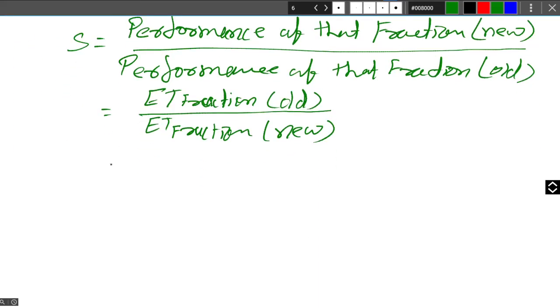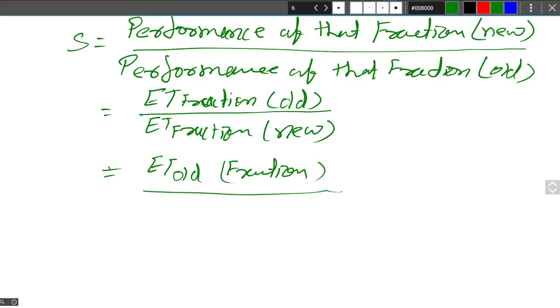It can also be written as ET old for this fraction upon ET new for this fraction. Same thing.